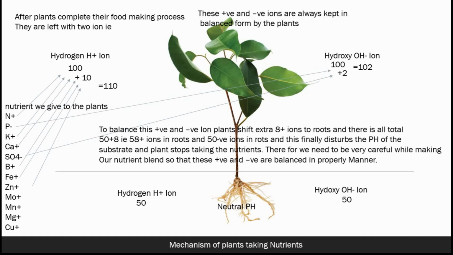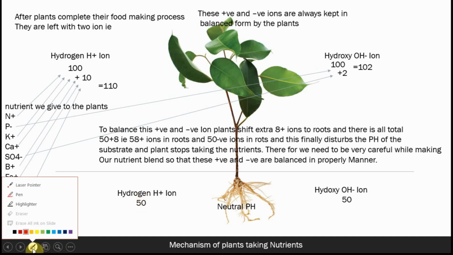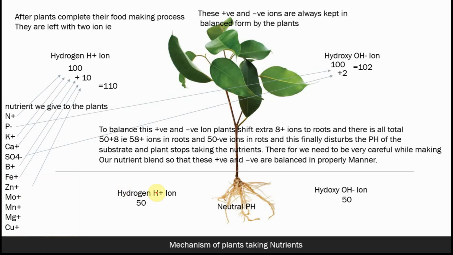Now, to balance these positive and negative ions, the plant shifts its extra 8 plus ions to the roots. So in total, 50 plus 8 is equal to 58.